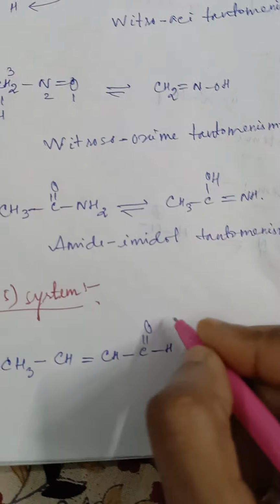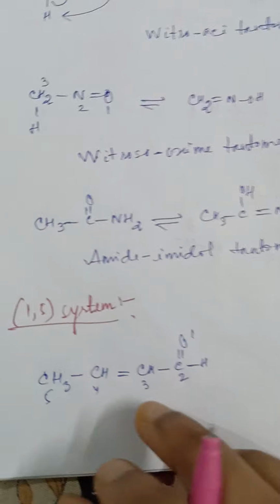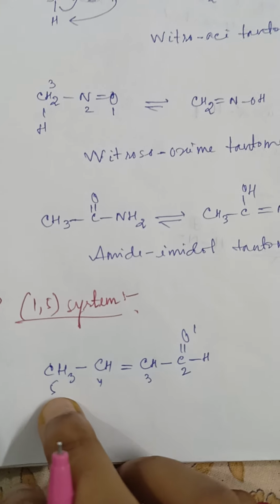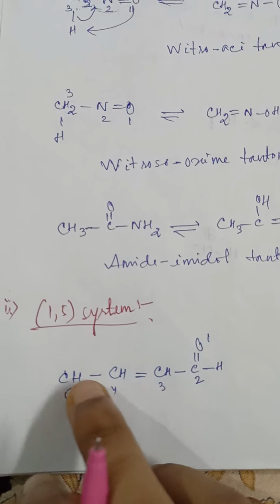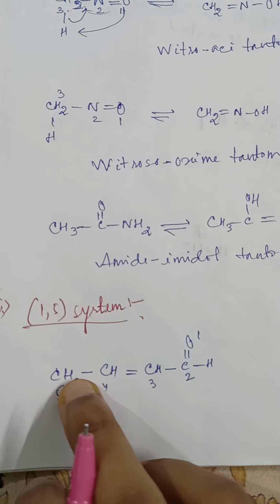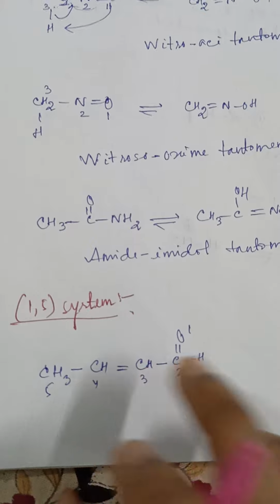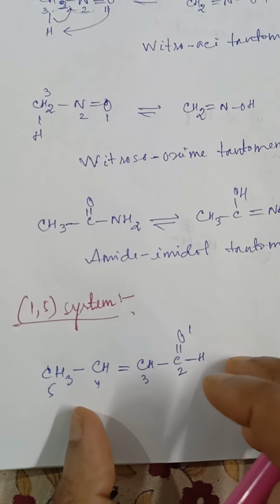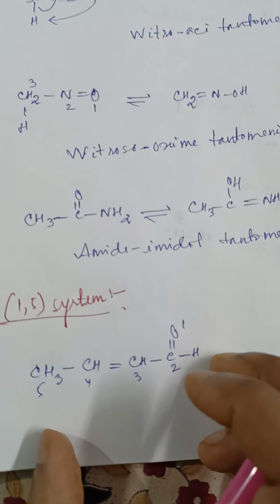Okay. Now you see 1, 2, 3, 4, 5. So here the carbon at the 5th position is sp3 and it is also having hydrogen. Okay, so this is known as 1,5 system. It's not only 1,3 tautomerism, 1,5 tautomerism is also there, and in recent days the questions are coming from this 1,5 system.